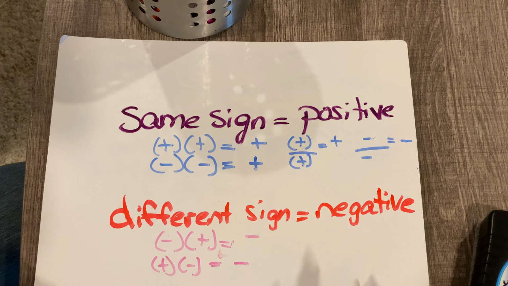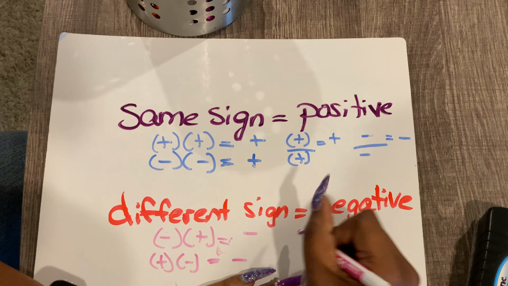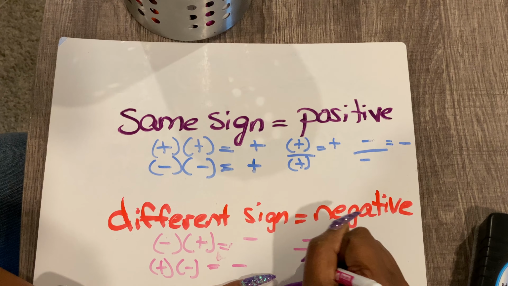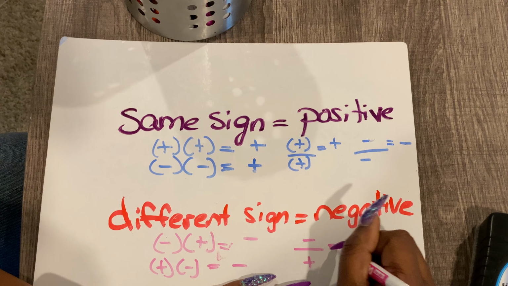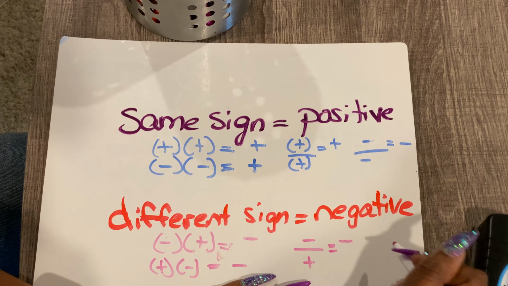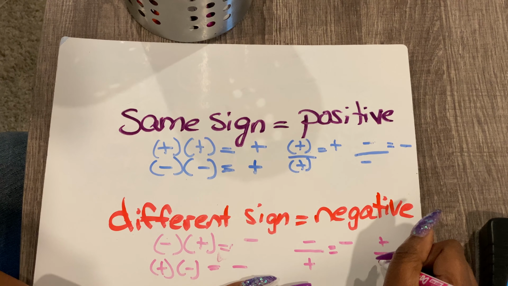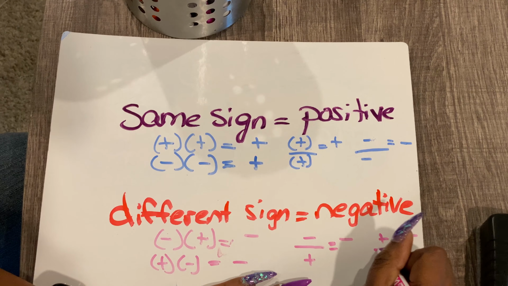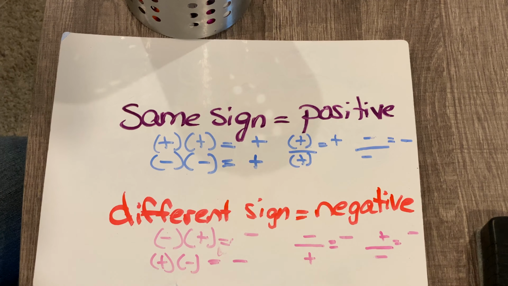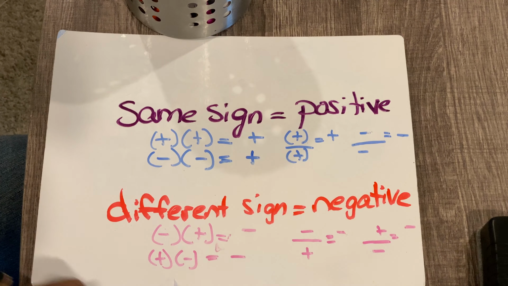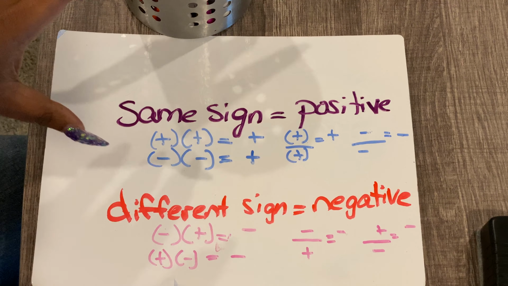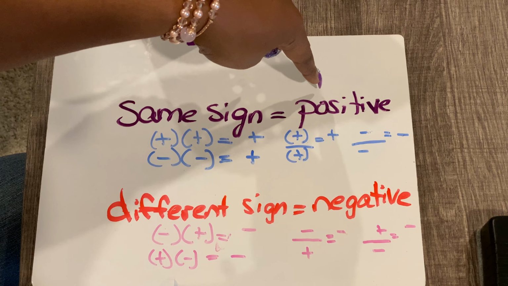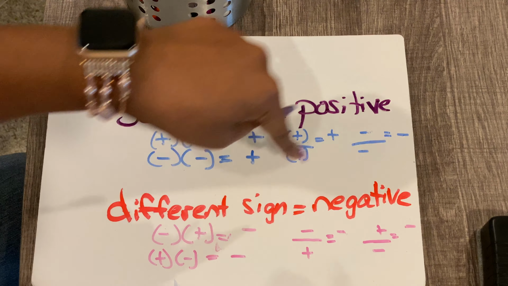Down here, a negative divided by a positive is going to equal a negative. If it's a positive on the top and a negative on the bottom, I'm still going to get a negative. Okay? So no matter what you do, when you're dividing and you're multiplying, same sign, positive, different sign, negative.